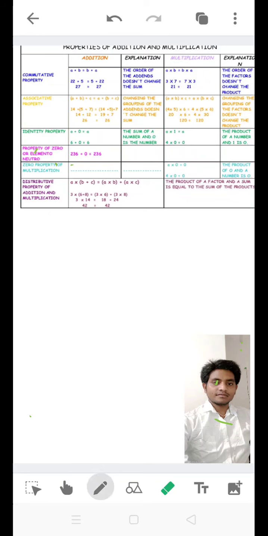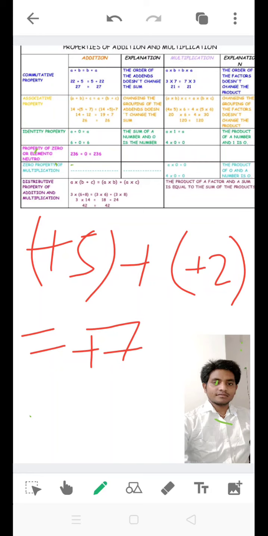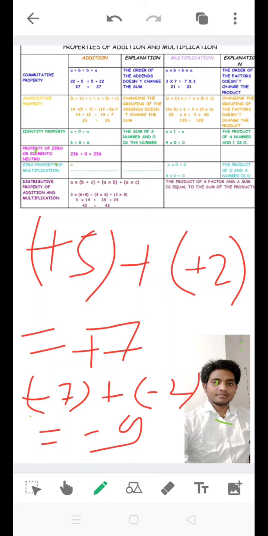Like plus 5 plus plus 2, then what is your answer? 5 plus 2, that means plus 7. Your answer is plus 7. But when two negative integers are added, we get a negative integer, like minus 7 plus minus 2. Then what is your answer? Minus 7 and minus 2, that means minus 9.